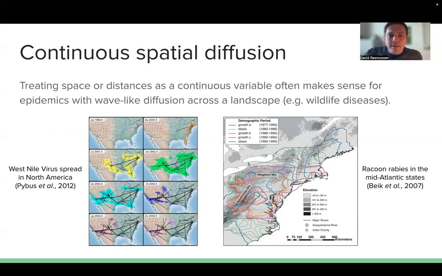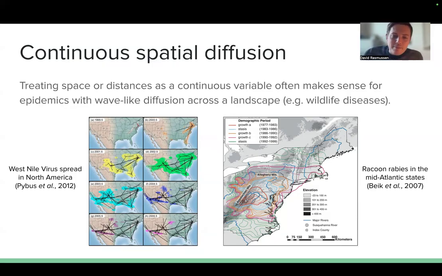People often use these continuous models when pathogens diffuse more slowly across a given landscape. We already said that the discrete trait phylogeographic methods we just discussed assume that pathogen lineages basically instantaneously jump between different locations. Well, how instantaneous that jump is, of course, is somewhat arbitrary.